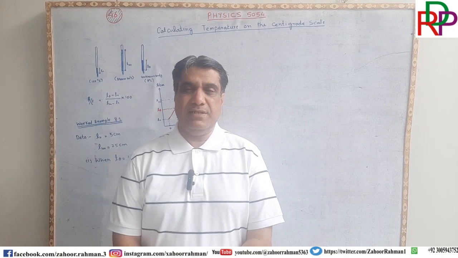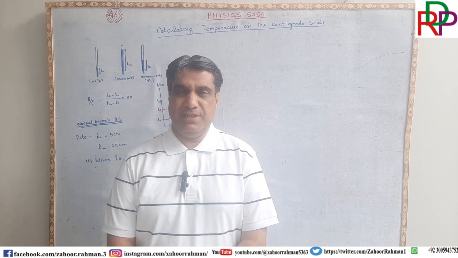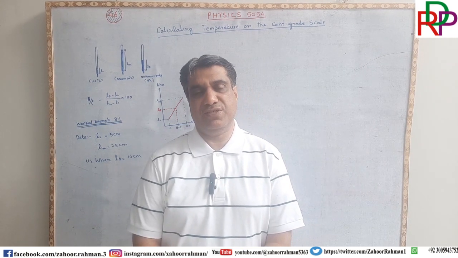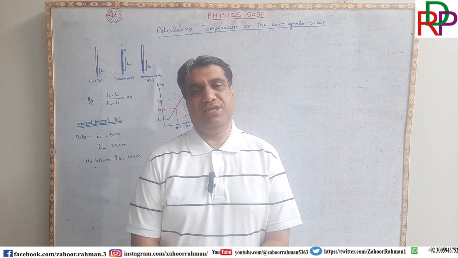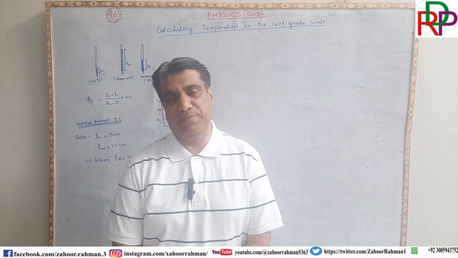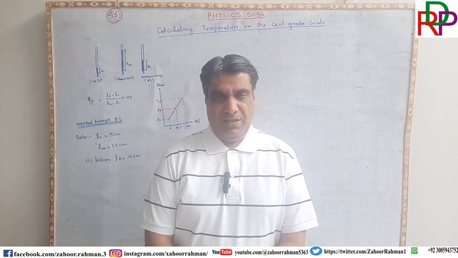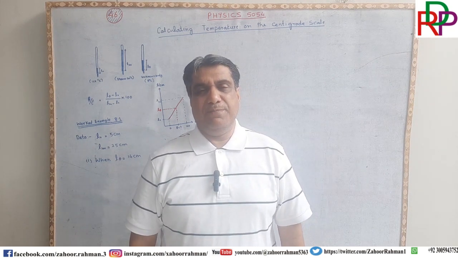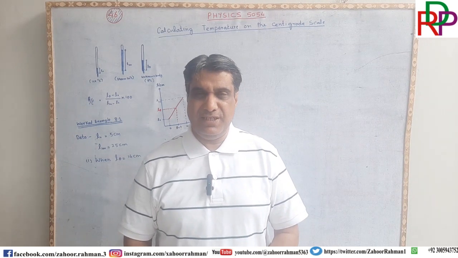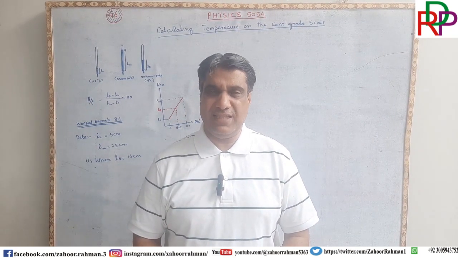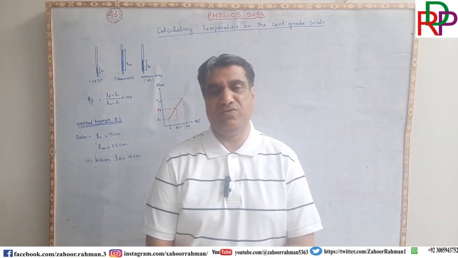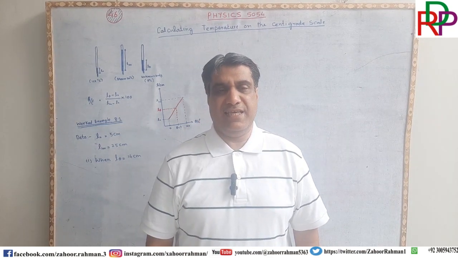Ladies and gentlemen, in a mercury thermometer, the physical property that changes with the temperature is the volume of a fixed mass of mercury. Instead of measuring the volume of the mercury, we can use another physical quantity, and that is length.